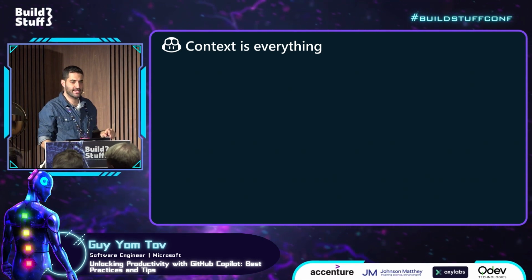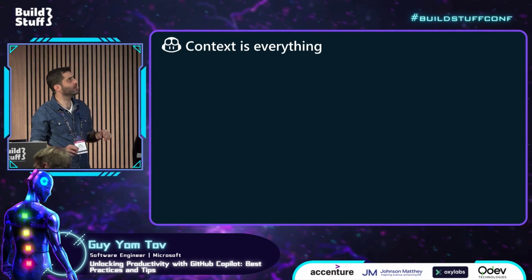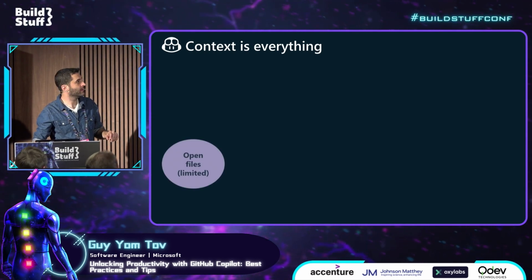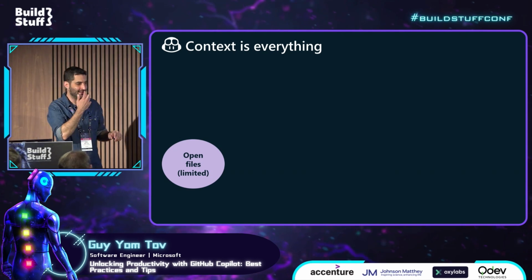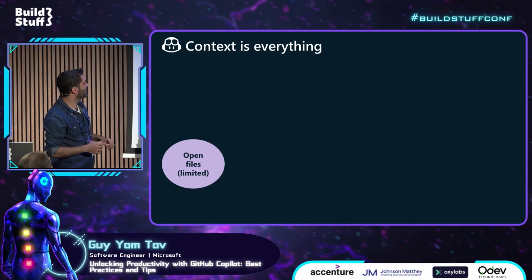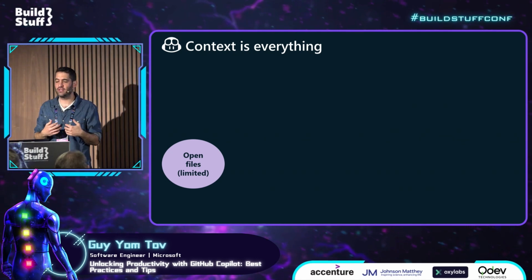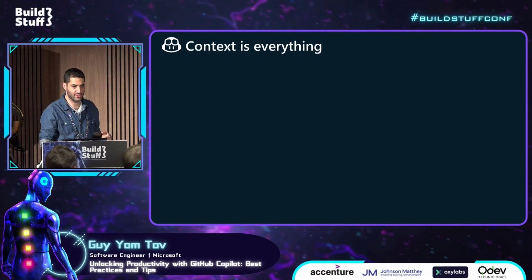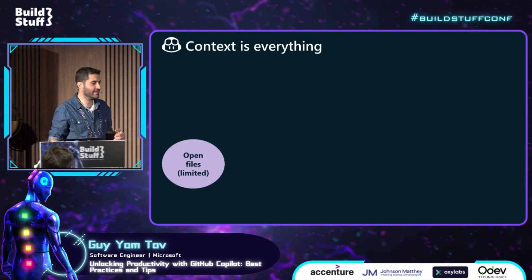So let's talk a bit about context. What other context is provided to the LLM, to the GPT? The first one is the open files.